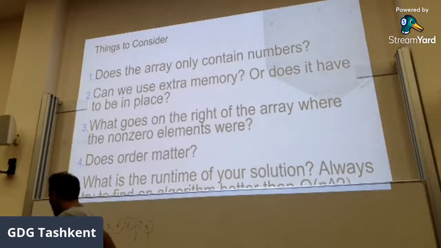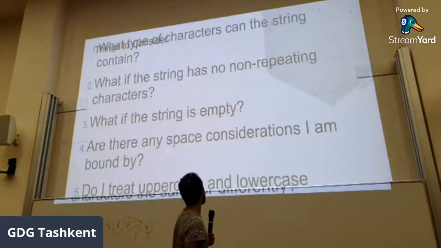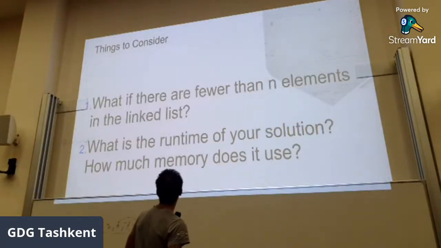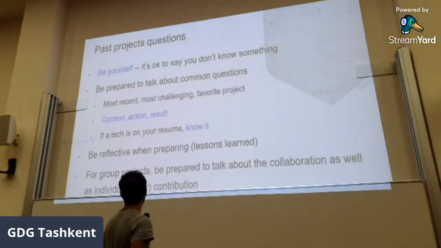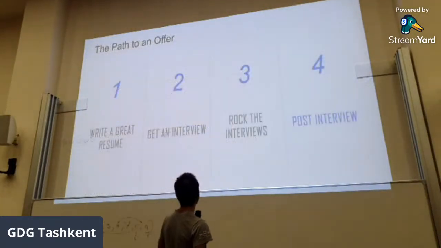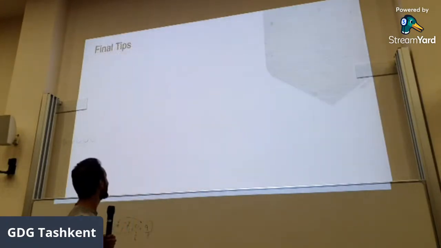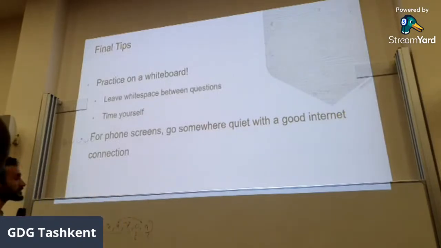Okay, I want to share with you guys one last thing. It's not the whole coding. So many slides. This is the boring stuff. Final tips: practice on a whiteboard. Leave white space between questions.